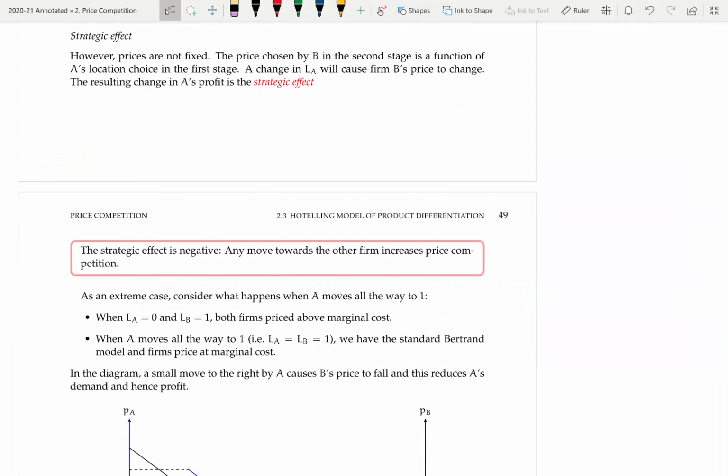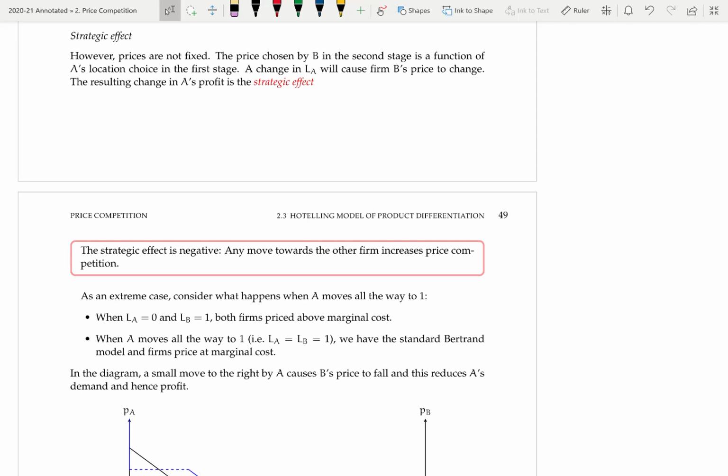So because prices aren't fixed here, prices are chosen after locations are chosen. The price chosen by B in the second stage is going to depend on the location chosen by A in the first stage, as well as its own location. So if A changes their location, B's price is going to change.